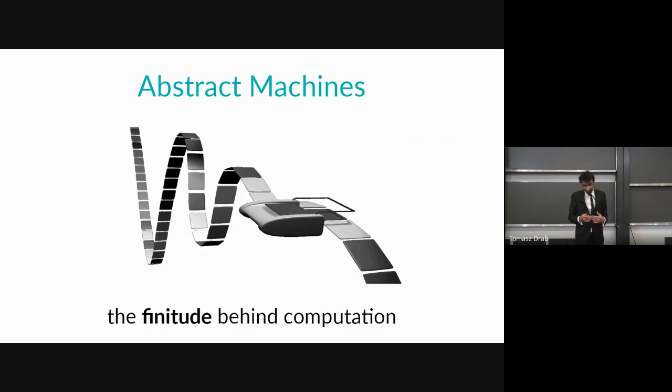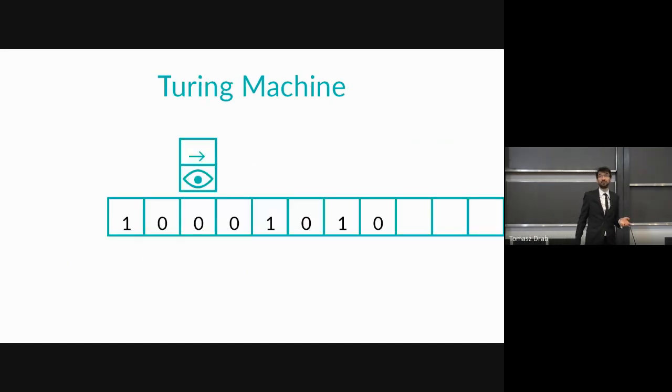Okay, and now the remaining 3 technical chapters of the paper have abstract machines in their titles, so it's time to introduce them. What we expect from the abstract machines is that they are finite state machines, and then they can work on potentially unbounded data. So first we can think of Turing machine.